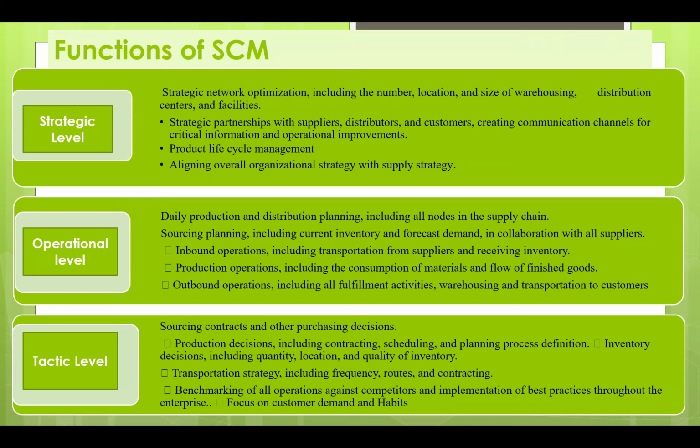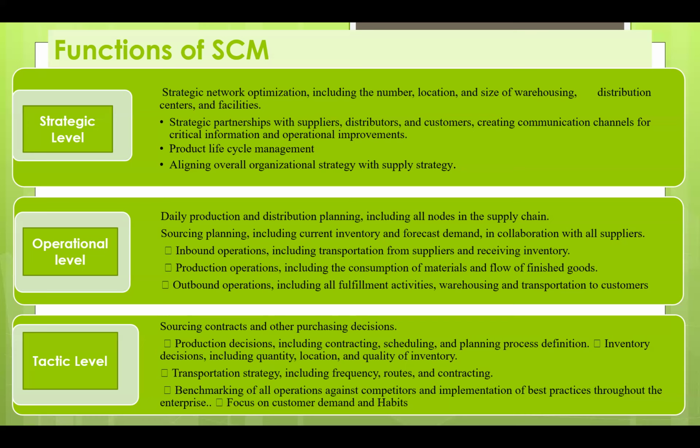Here, strategic partnership with suppliers, distributors, and customers is formed, creating communication channels for critical information and operational improvements. Product life cycle management is also done over here, and aligning overall organizational strategy with supply strategy is planned at the strategic level.